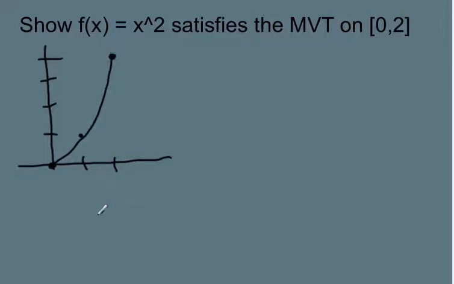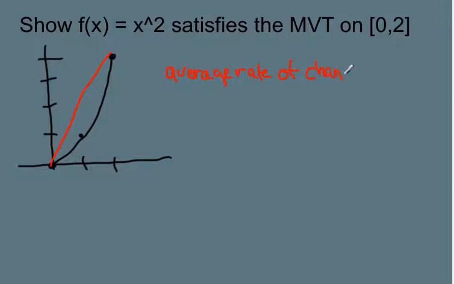So we're going to try to show that from 0 to 2 this function satisfies the mean value theorem. Let's find the average rate of change first from 0 to 2, which would be this line right here.